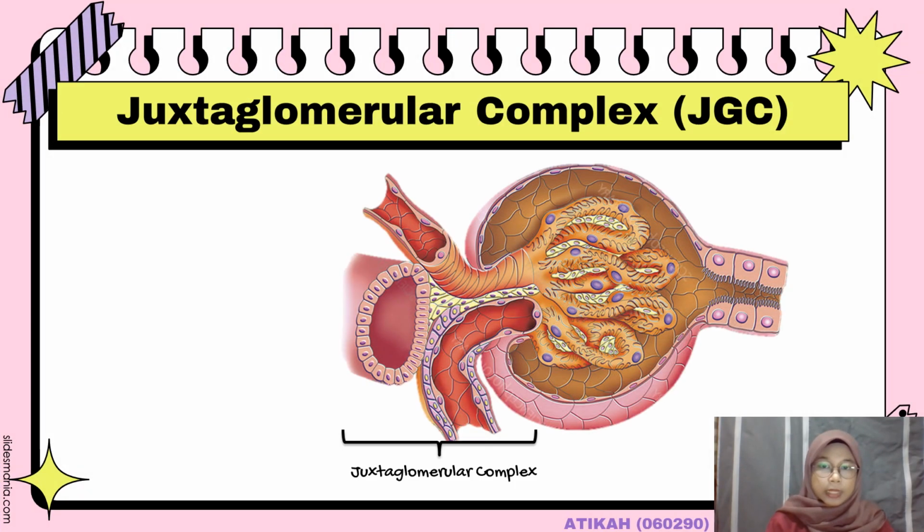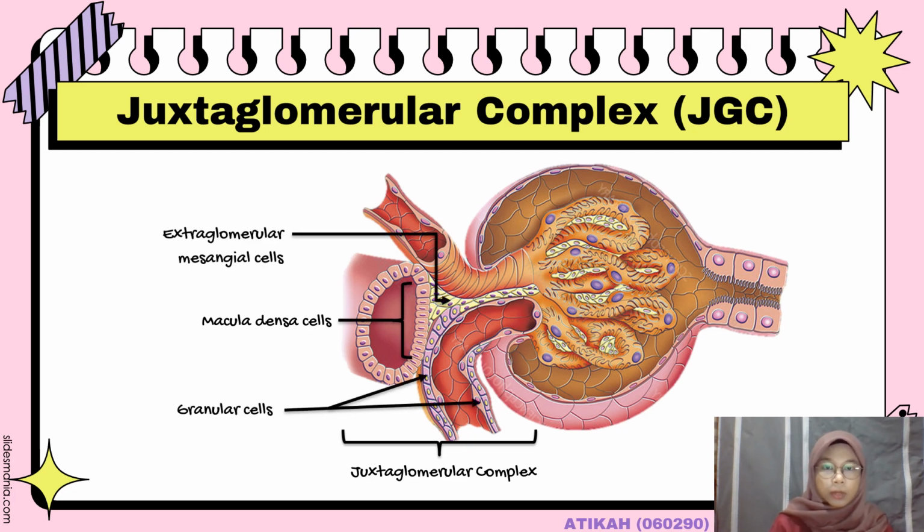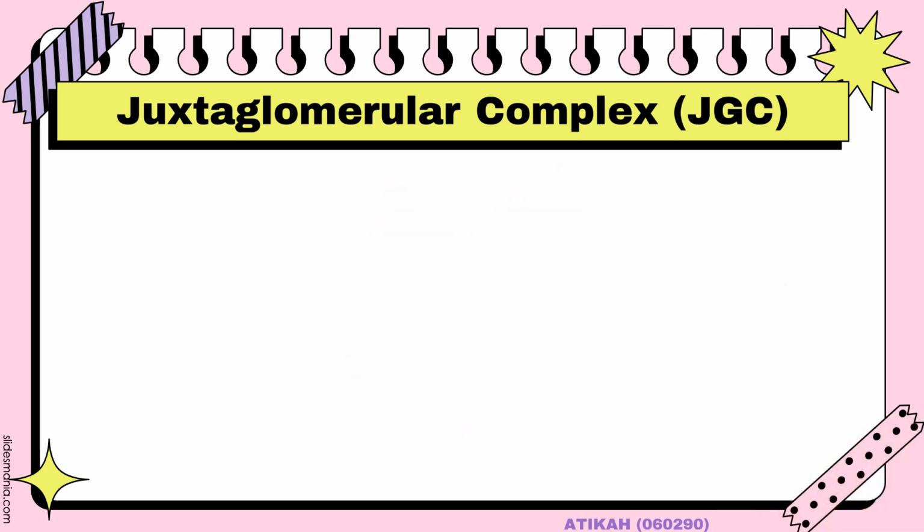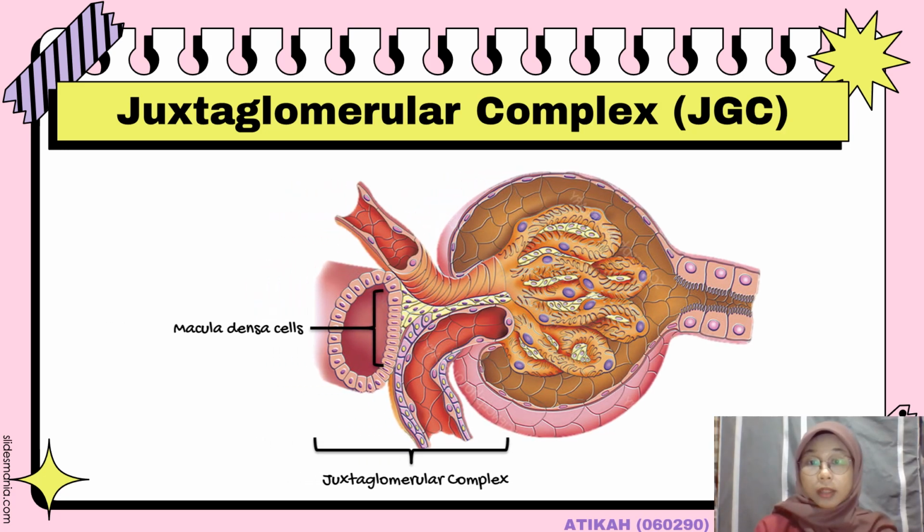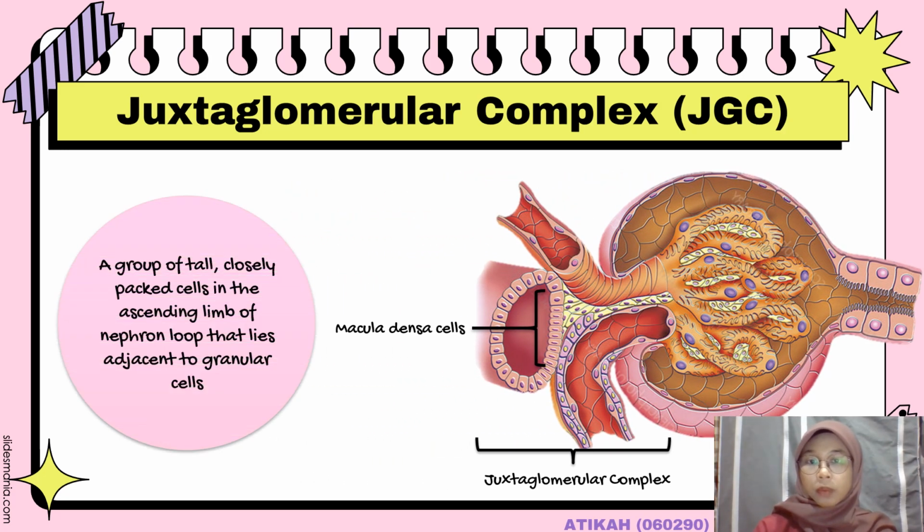Juxtaglomerular complex includes three populations of cells that help to regulate the rate of filtrate formation and systemic blood pressure. It consists of macula densa cells, granular cells, and extraglomerular mesangial cells. The macula densa cells are a group of tall, closely packed cells in the ascending limb of the nephron loop that lie adjacent to granular cells and help monitor the sodium chloride content of the filtrate entering the distal convoluted tubules.